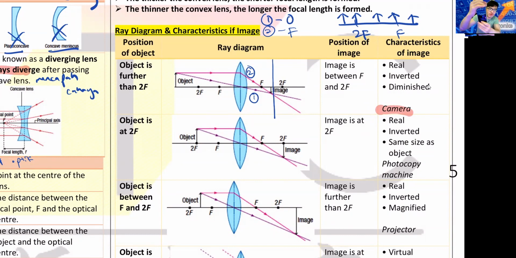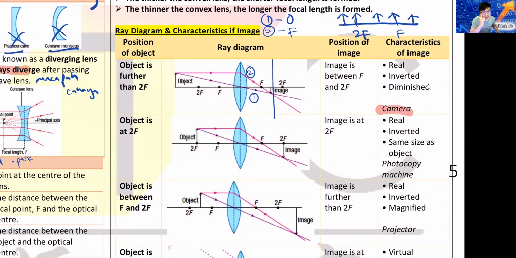You will see an image on the screen, right? So there is something on the screen, so real. And then it's usually inverted. You must say, sir, I take a picture of the tree, it's not inverted here. Because your smartphone will reverse that thing back for you. But inside the camera, the image is usually inverted.